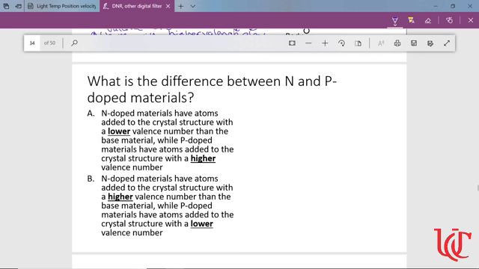N-doped had a higher valence number and p-doped had a lower valence number. B, right? So we just said that the n-dope, really like negative, means I have a higher valence number or an extra electron from that. When it's p-doped, I'm missing an electron, I have a lower valence number from that.